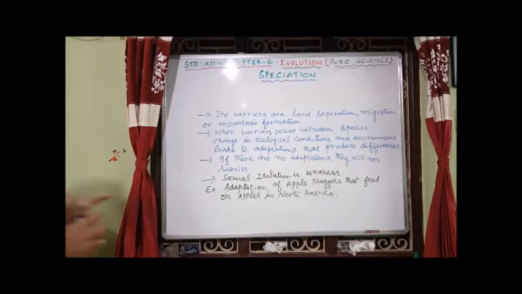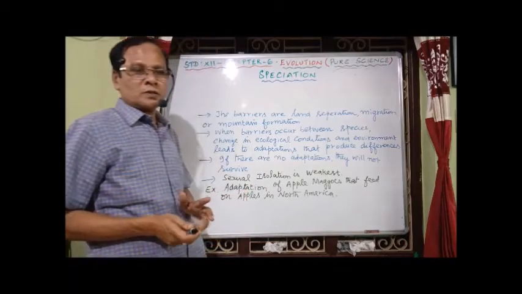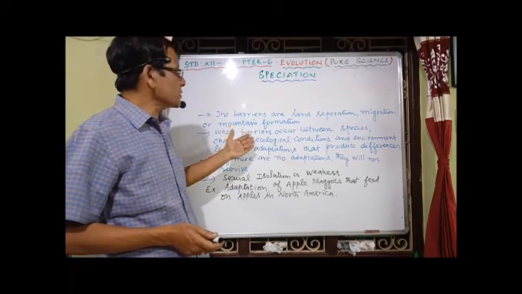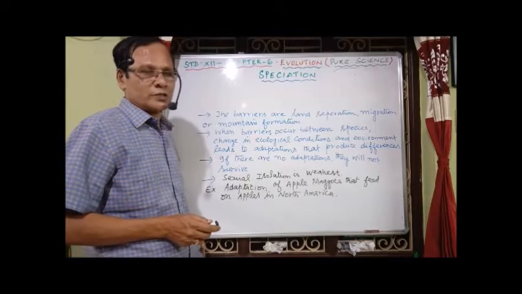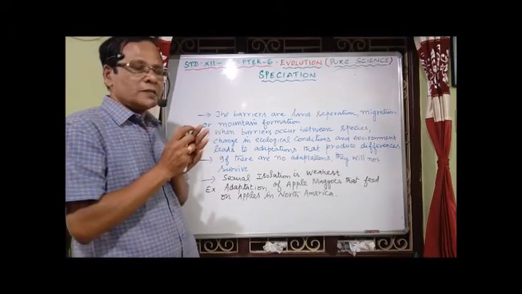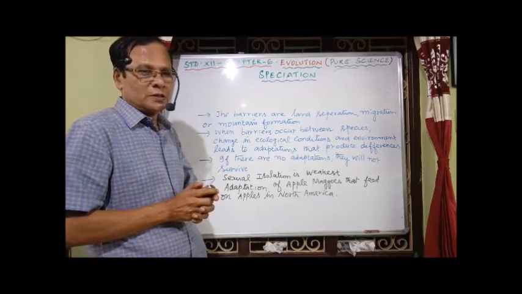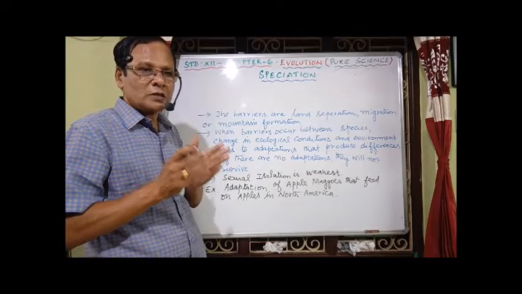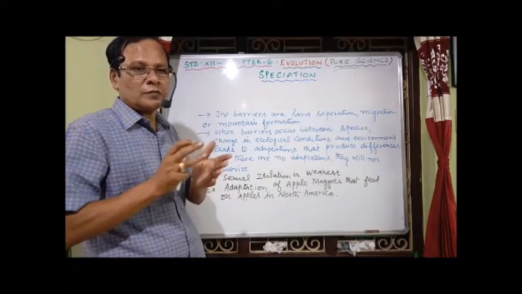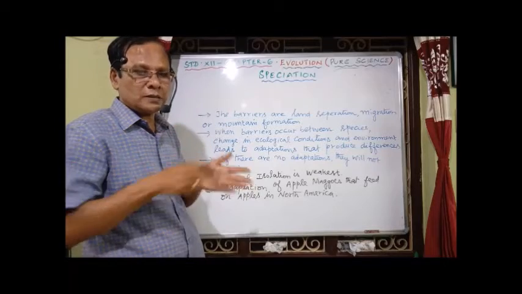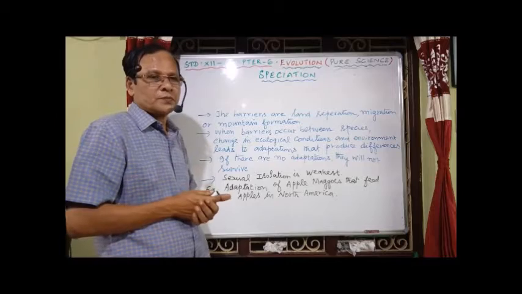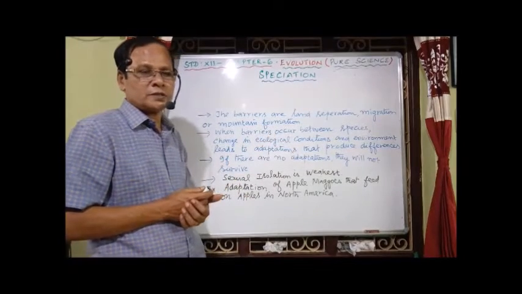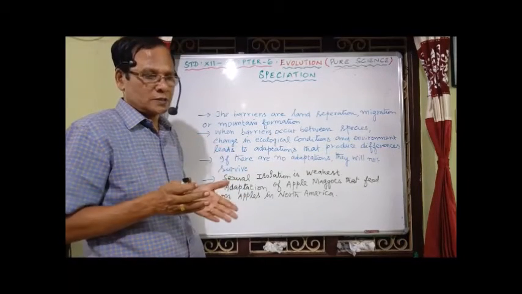Now let's continue with allopatric speciation. The different geographical barriers are in the form of land separation, migration, or mountain formation. So when barriers occur between two species, what will happen? A change in ecological conditions or environment occurs in that area that leads to adaptation in the two different species, and that produces differences.